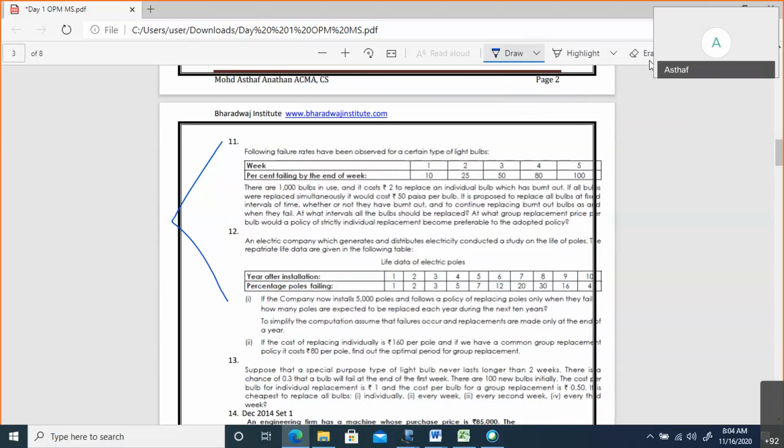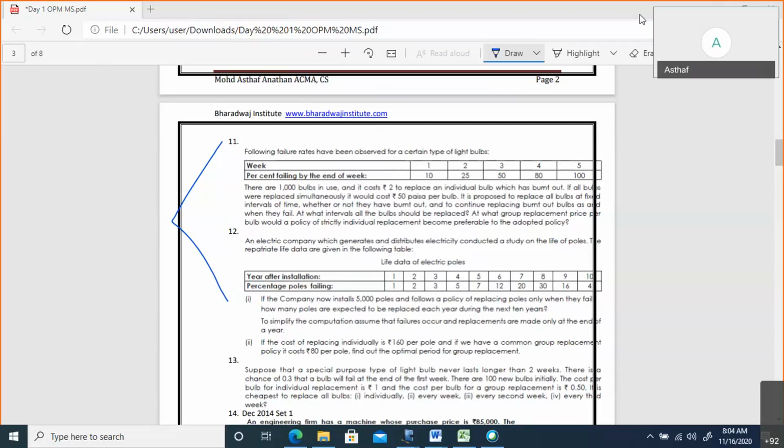Are you ready? Shall we start? Very interesting. Listen very well. If you have any doubt, you can type in the chat box. Very easy. We will start step by step.